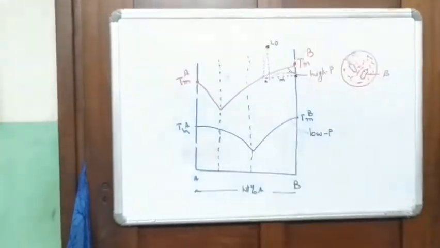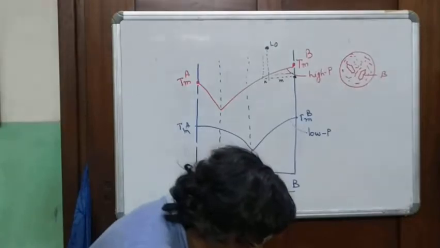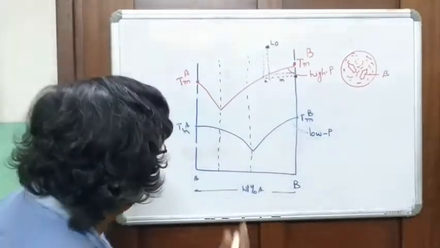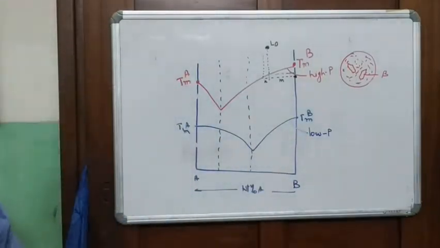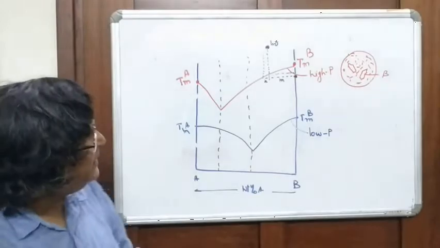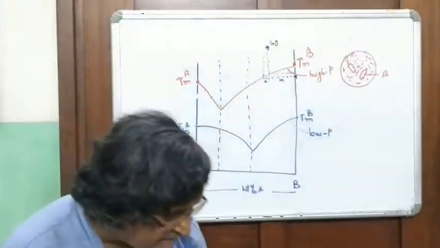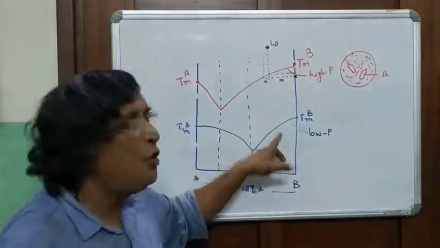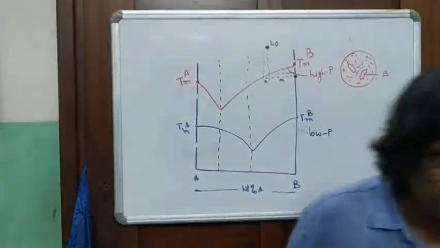So when the magma has ascended to a shallower depth, this diagram now becomes valid. Have you understood? At high pressure, this diagram was valid. But as the magma ascends, the lower pressure eutectic phase diagram becomes important.